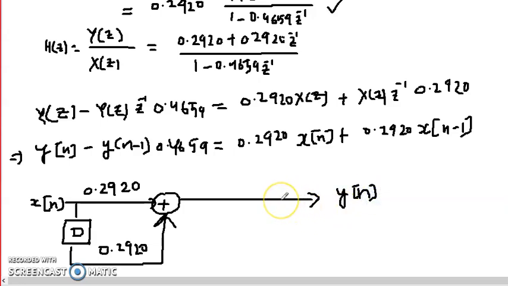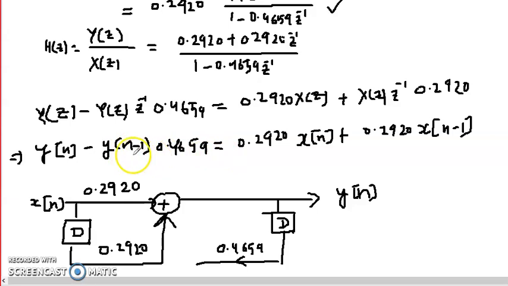This y(n) will be delayed, and then multiplied with 0.4659.